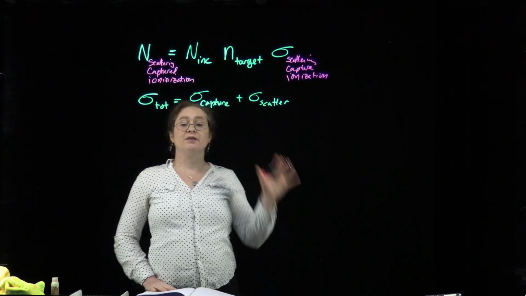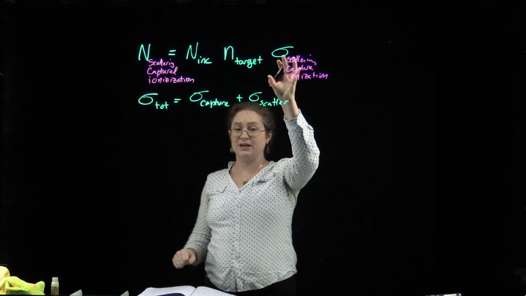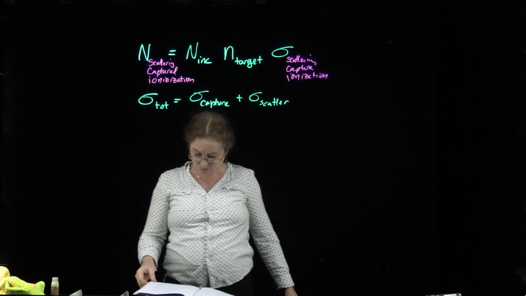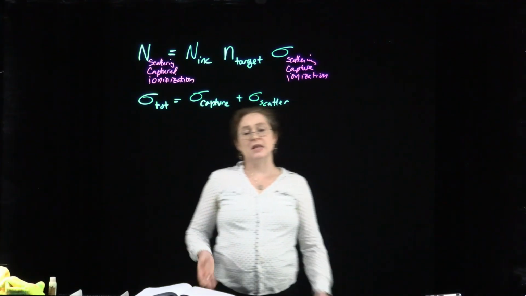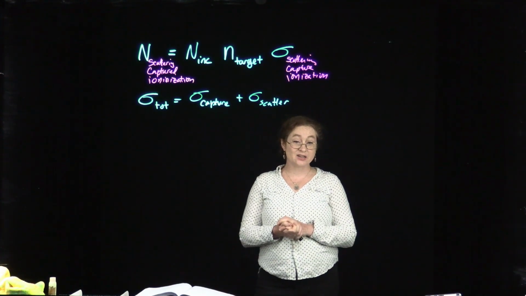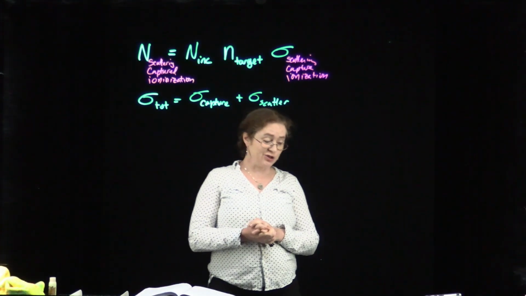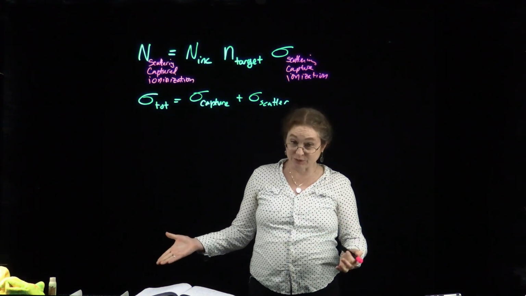So it's very general, and you can think of this equation as how we define the cross-section. Just like when we talked about collisions, we had inelastic and elastic types of collision. Here you can have inelastic and elastic types of collision.